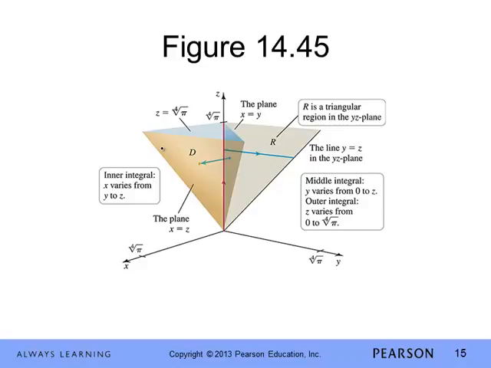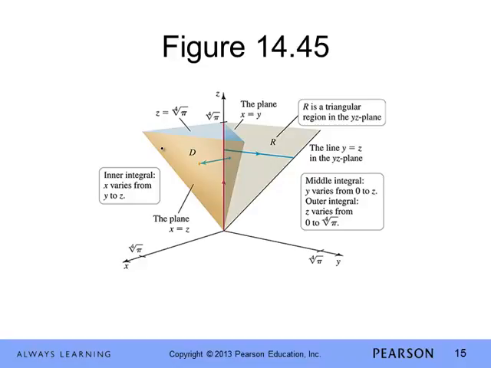Now, according to the limits of integration from the original triple integral, x varied from y to z. So just pick some point on the yz plane, and then you see that x is going to come out like this.